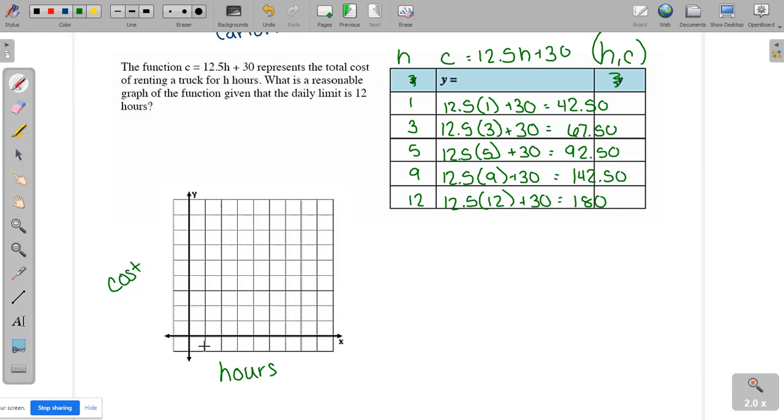So we can do our 1, 3, 5, 7, 9, 11, and 13. And so counting by odds. Going up, let's see. Let's do by 25.